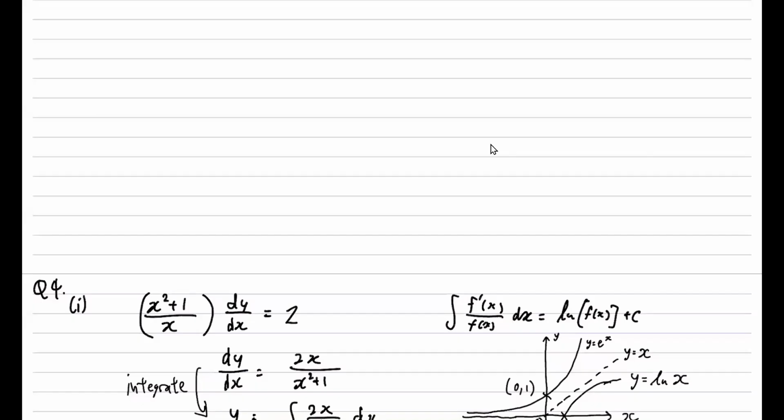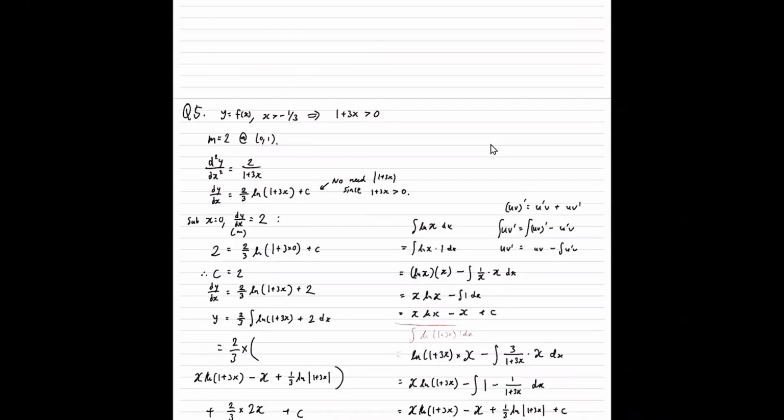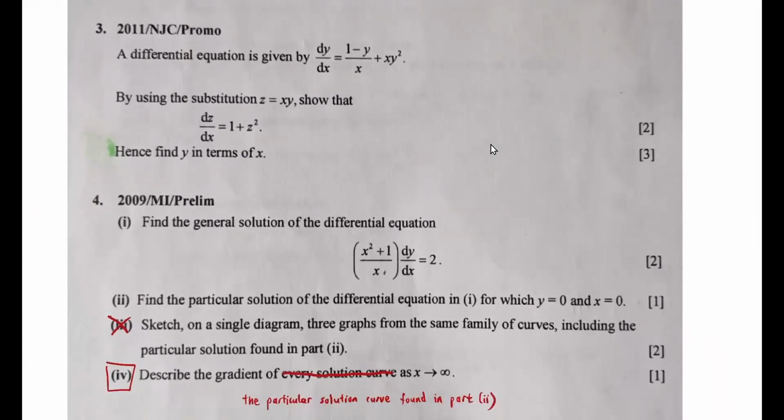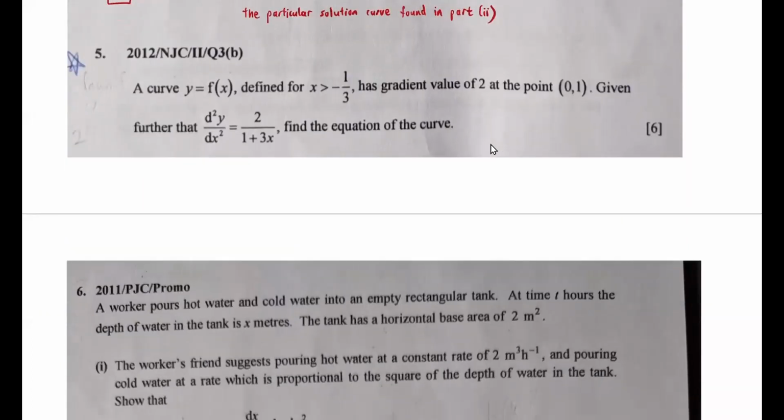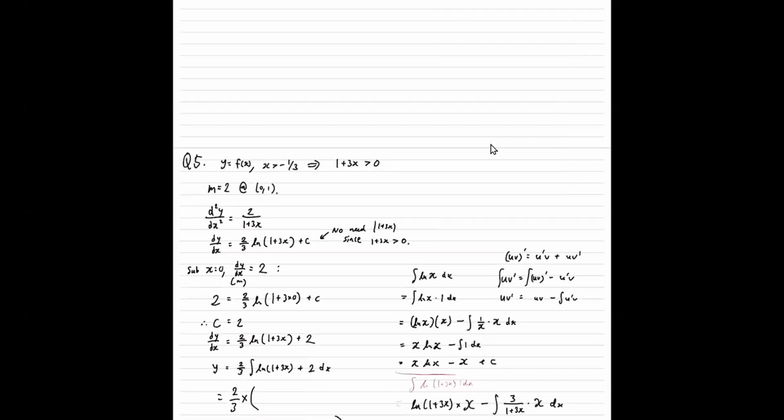Okay, back. Where was I? Question 5, right. Let me copy down the question 5 again. Copy and paste it here.